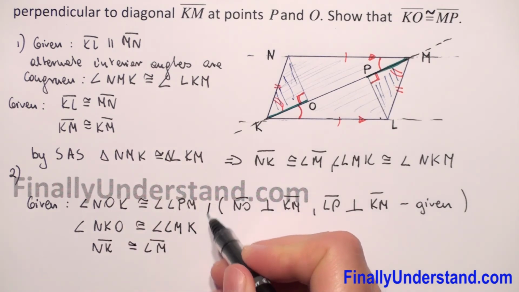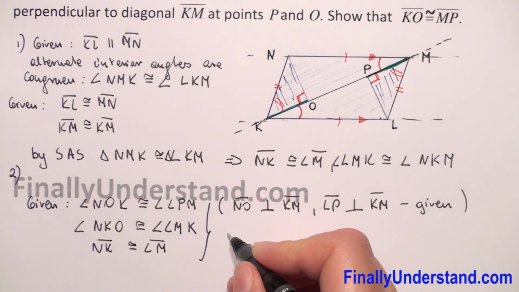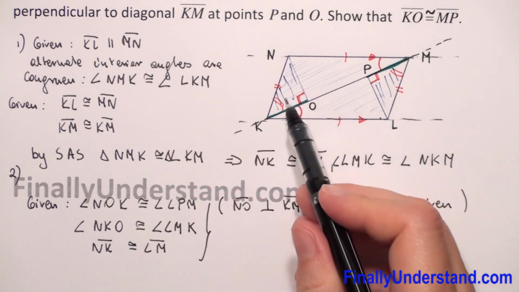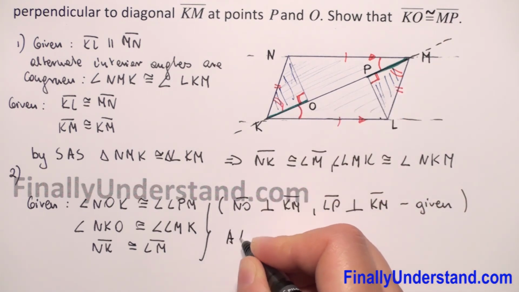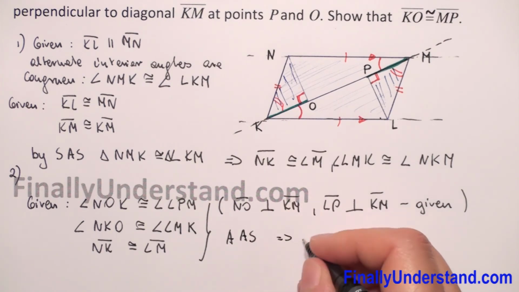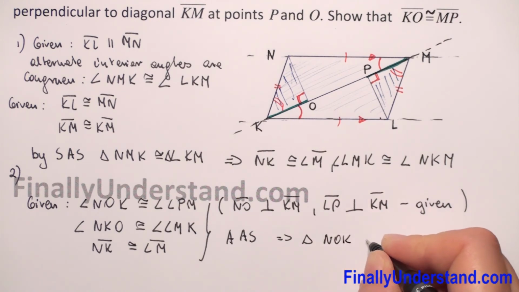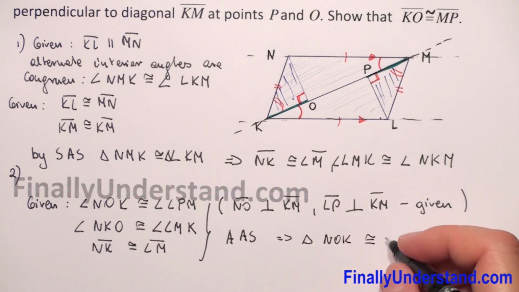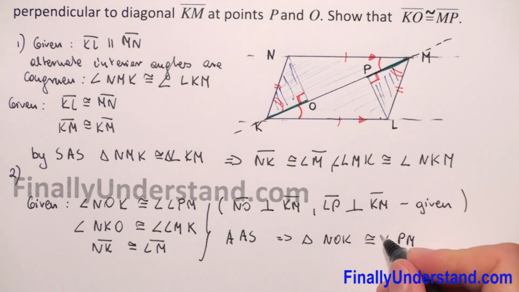So from these three pieces of information we have two congruent triangles by angle, side postulate: triangle NOK is congruent to triangle LPM.